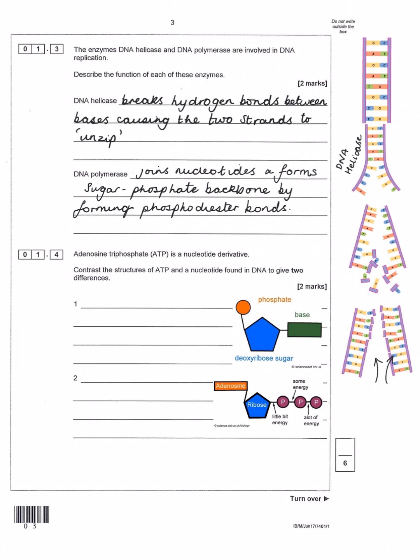So the key differences between a DNA nucleotide and ATP in terms of their structure are that ATP has ribose sugar and a DNA nucleotide has deoxyribose sugar.